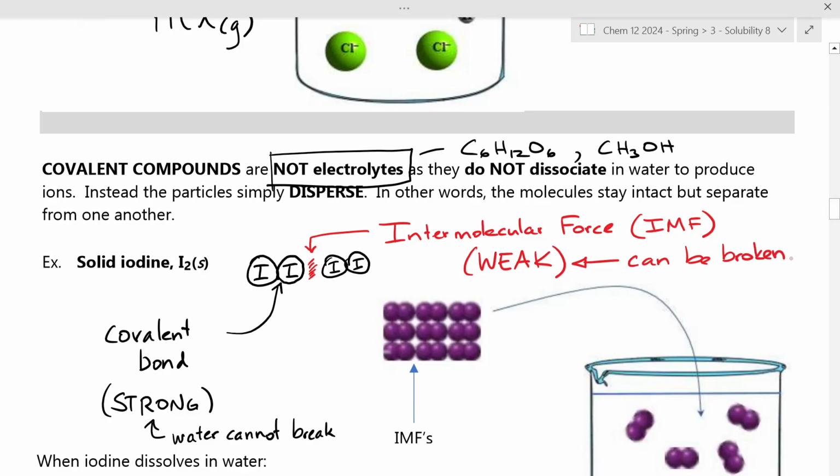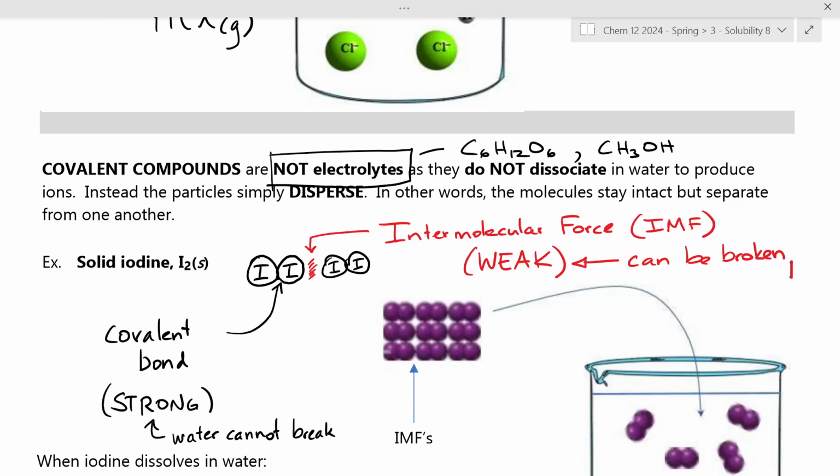Now, it's also going to depend on if you're using water as a solvent. Water is polar, so it tends to break apart other polar molecules from each other. Iodine is not polar, but it's a big enough molecule with a big enough electron cloud that sometimes most of the electrons end up on one side, and it makes a temporary polar molecule.